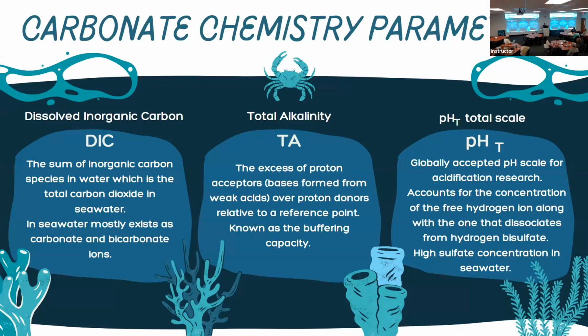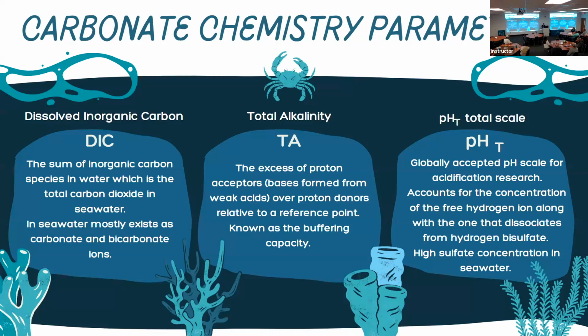So 3 other parameters that we looked at, because the carbonate system is pretty complex and it has different pieces to it. The next one that we looked at is dissolved inorganic carbon, or DIC. This is the sum of inorganic carbon species within the water, and it is the total carbon dioxide in our seawater.